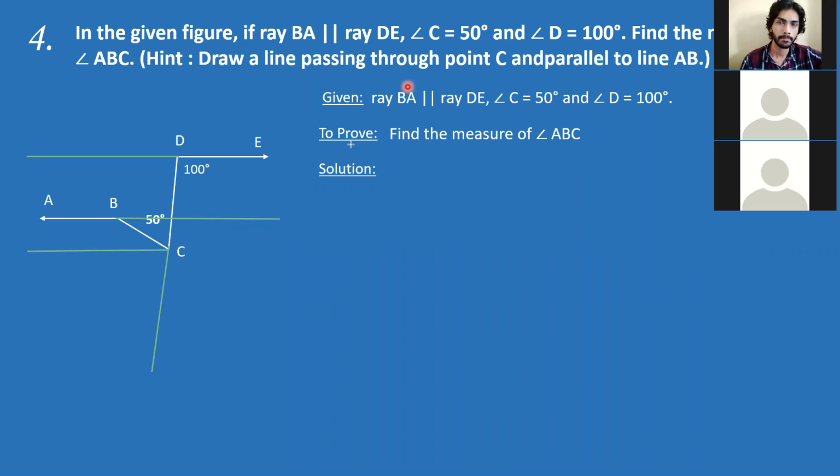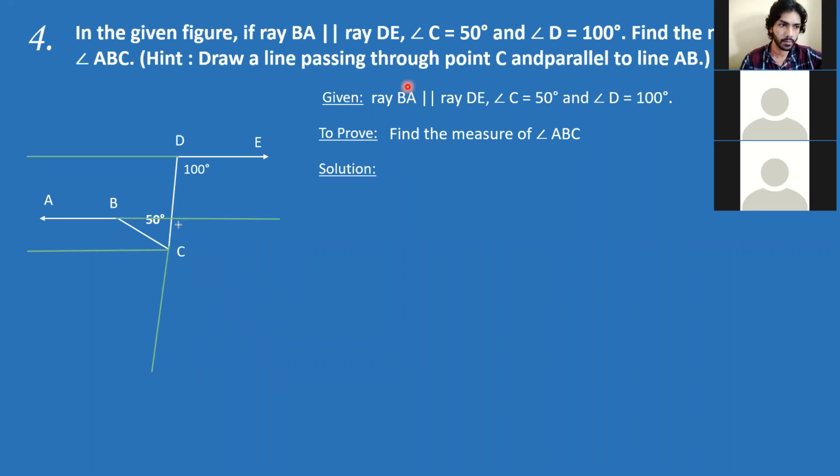Now if angle D is 100, according to corresponding angles, this angle will also be 100.